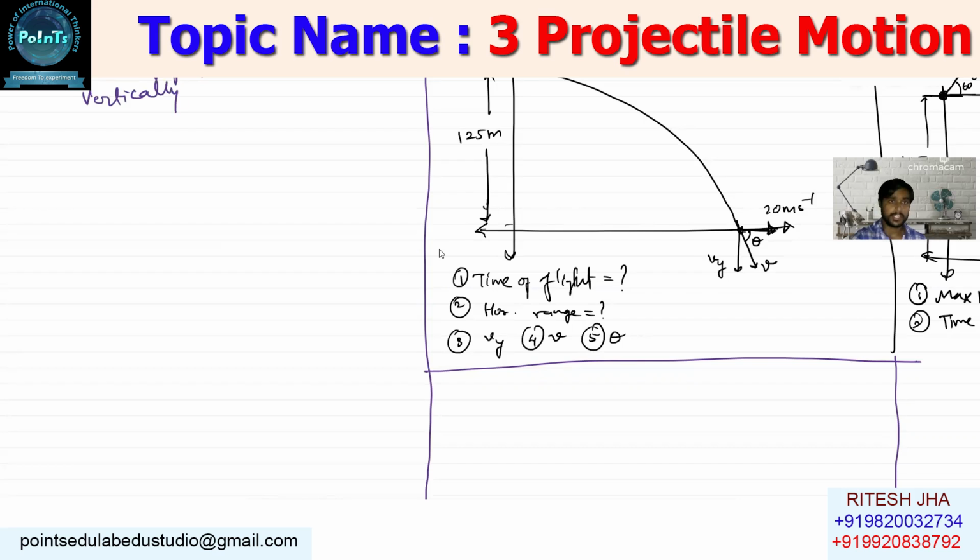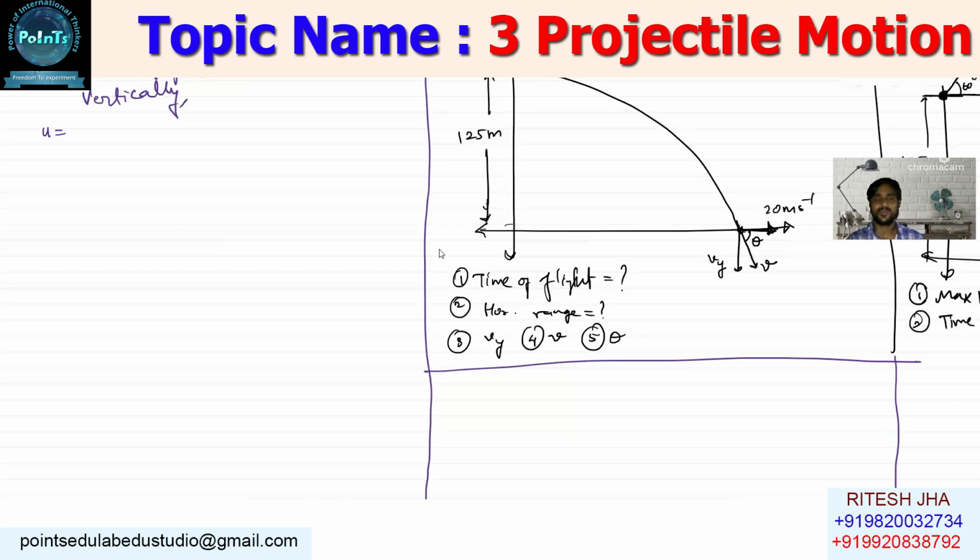So vertically, what is the initial vertical velocity over here? The angle is 0 degrees, right?